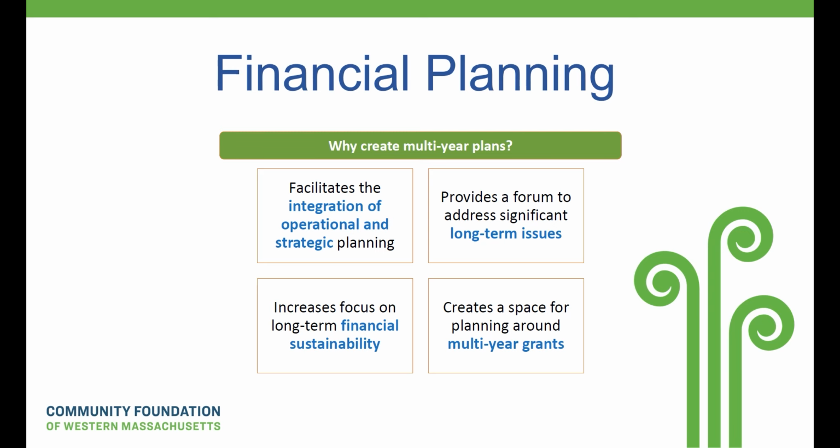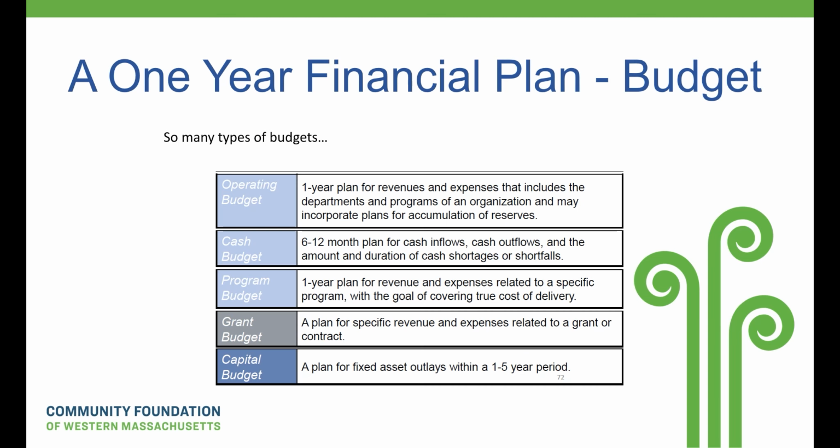So there's many types of budgets. You can have just a simple operating budget that talks about your operation and how that will work. Sometimes you have a cash budget so that you can manage your cash, make sure that you're timing revenues coming in and expenses going out so you don't run out of cash. Sometimes you have a program budget based on an individual program within your organization.